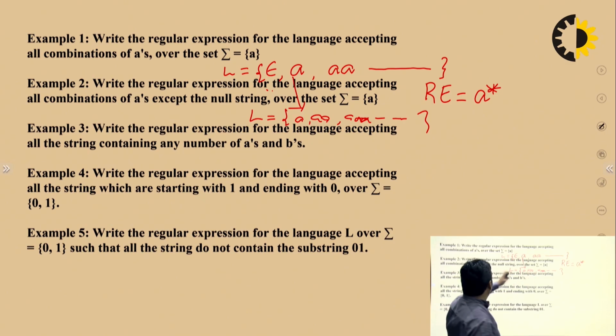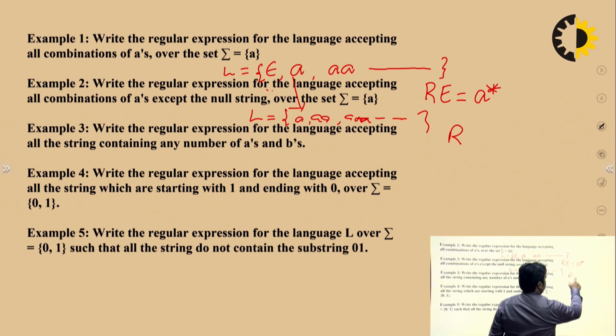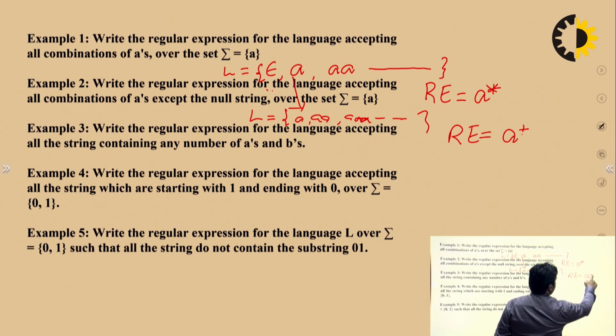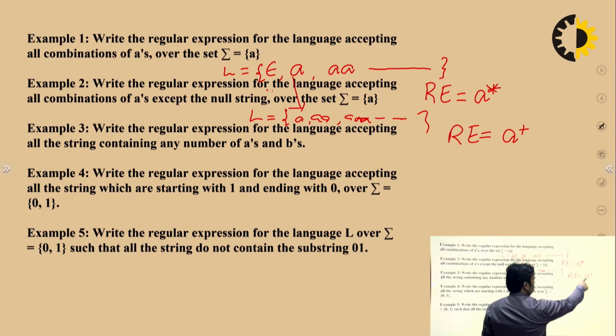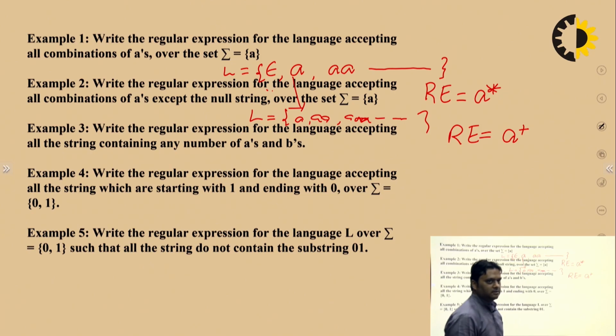For this question number 2, the regular expression will be A plus, meaning positive closure, which accepts strings with at least a single A. Epsilon will not be accepted here, as stated, except the null string.